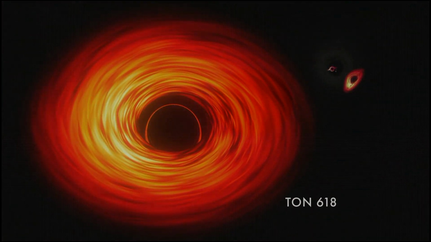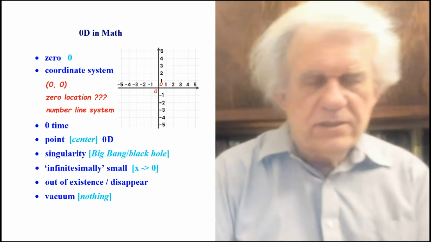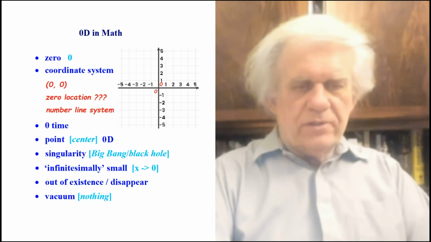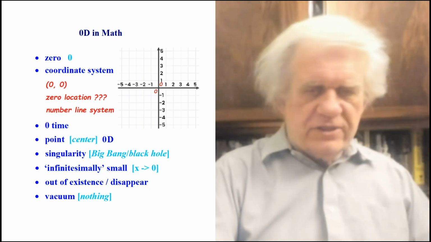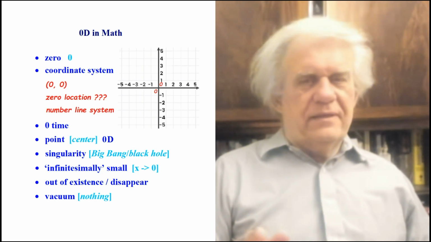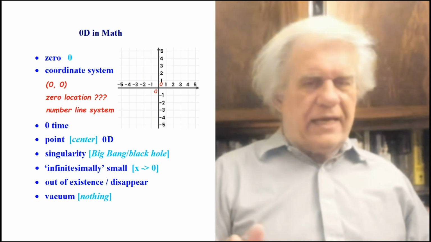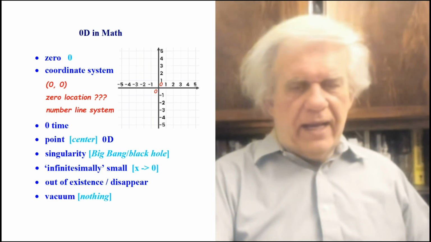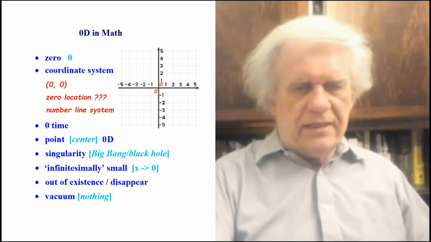That's how big this black hole is. What are they talking about? Let me show it one more time so that if you missed any part of it, you can see it again. We have this black hole which is bigger than several galaxies put together. And it's this Ton 618.